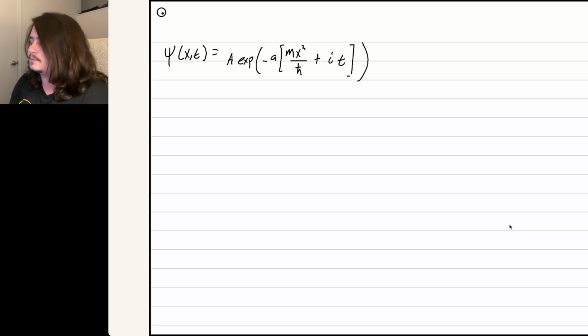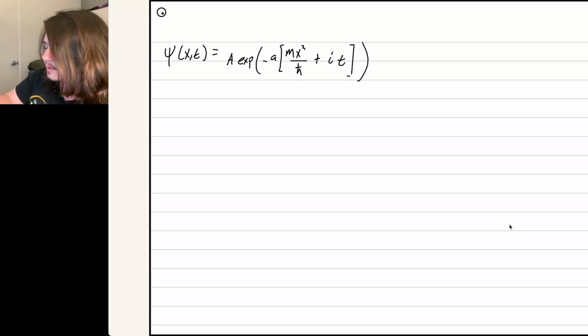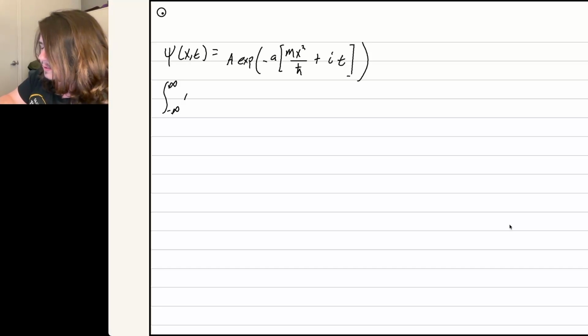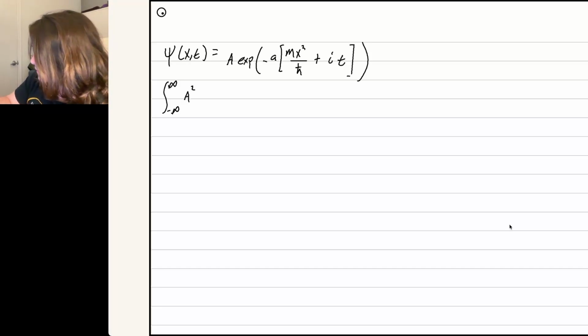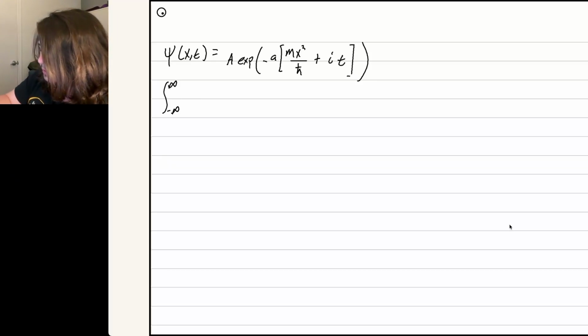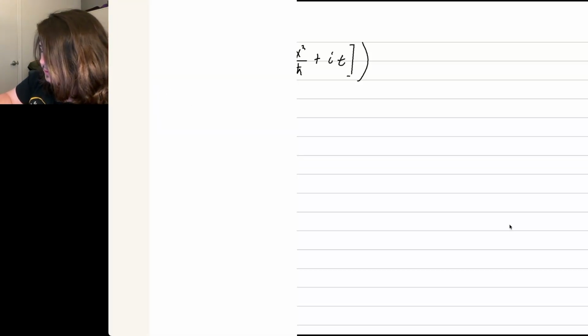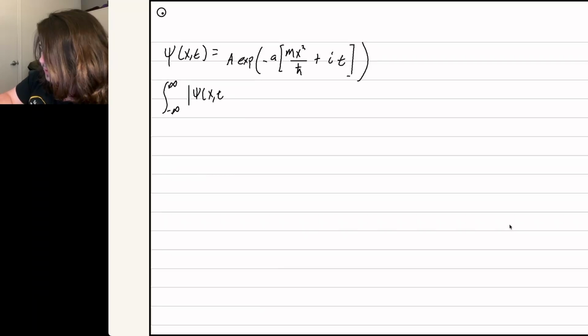So, you guys know how to normalize a wave function by this point, hopefully. It's just the integral over all space of the square modulus of the wave function, right?